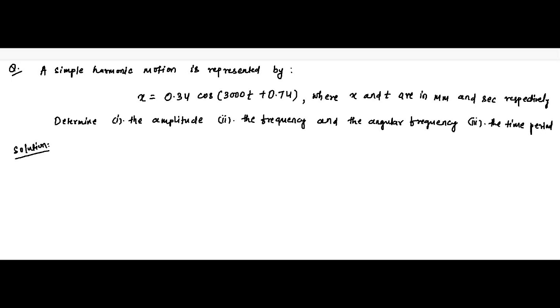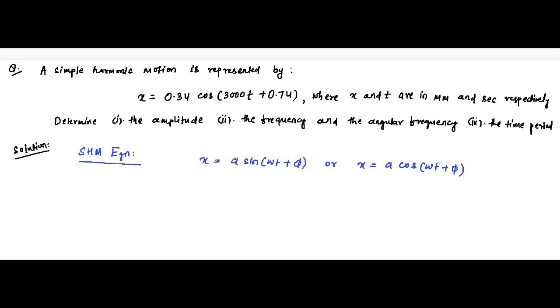So if you remember, the simple harmonic motion equation, its standard form is given by x or y, whatever you want to write: x is equal to A sin(omega t plus phi), or x is equal to A cos(omega t plus phi).